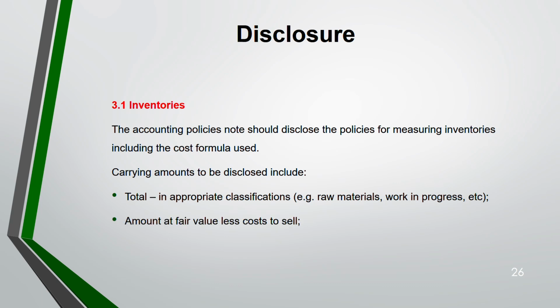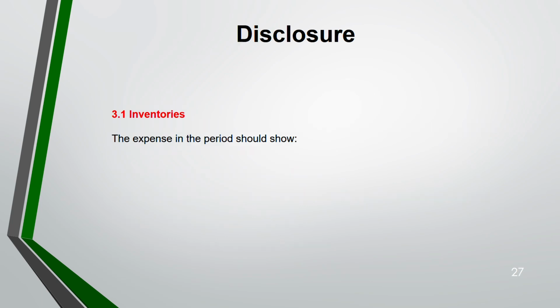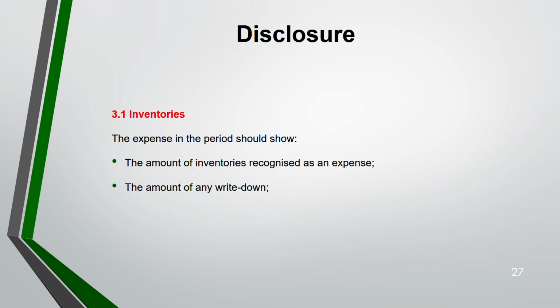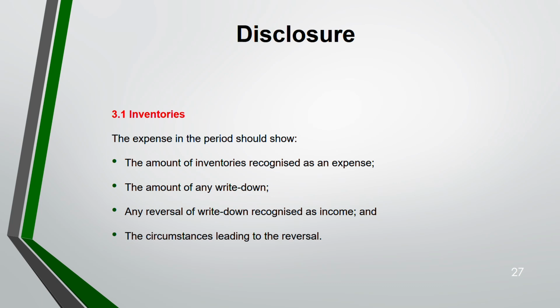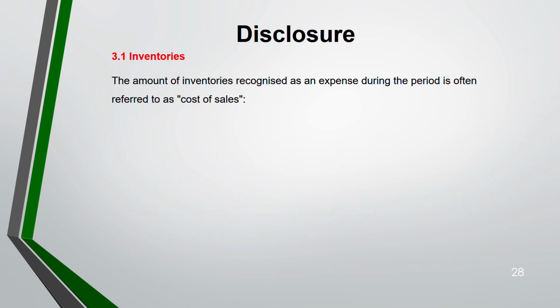What is the total? Next, amount at fair value less cost to sell. Any amount pledged as security for liabilities. And the expense in the period should show the amount of inventories recognized as an expense, the amount of any write down, any reversal of write down recognized as income, and the circumstance leading to the reversal.